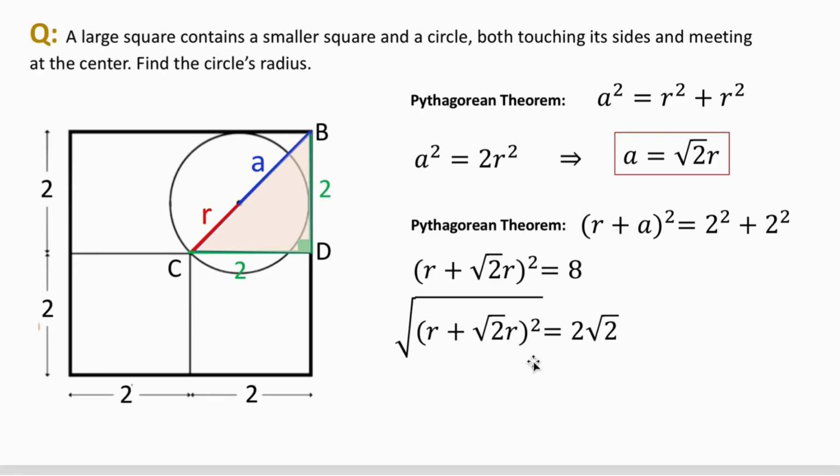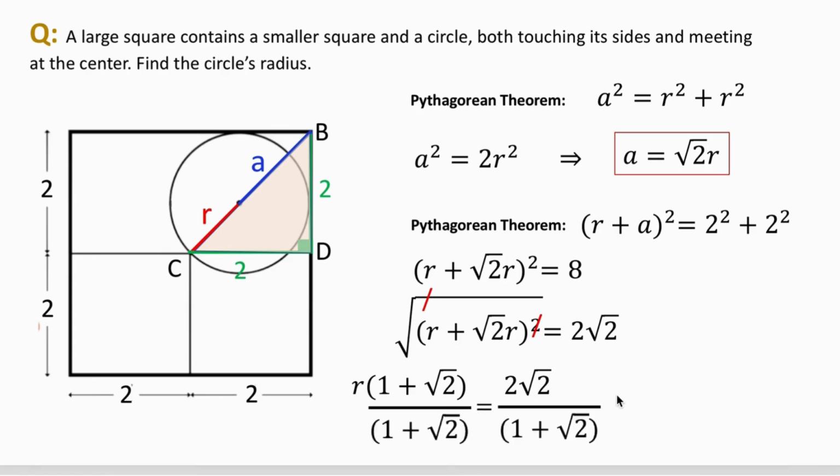And if we cancel out the power of 2 and the square root at the left side, the equation is simplified as this, and then we can factor out R from the left side and divide both sides by 1 plus square root of 2, and cancel out common factors in the numerator and denominator at the left side.